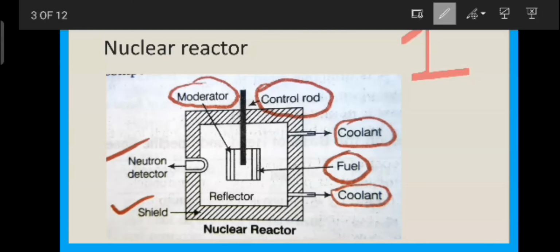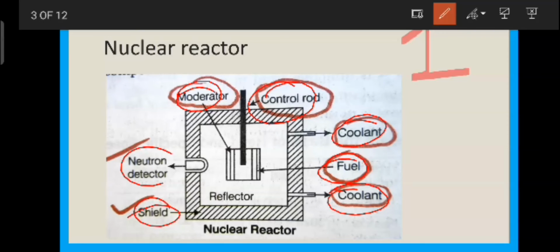The basic components of the nuclear reactor are the moderator, control rod, coolant and fuel, and it is sealed. The shield is made up of a special material, and there is the nuclear detector.